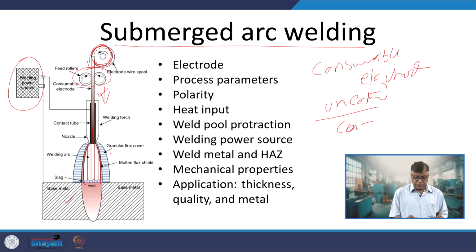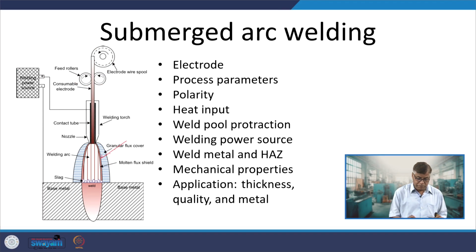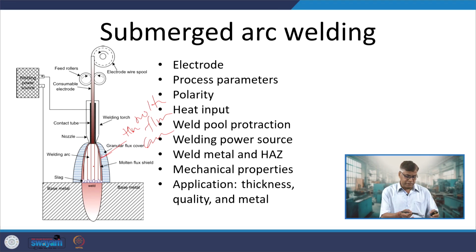Then around the arc there is a granular flux cover. A part of the granular flux cover which is immediately close to the arc zone will be melted. Okay. So, a thin molten flux cover is formed all around the weld pool and the arc, and that in turn helps to protect the weld pool from the atmospheric gases.